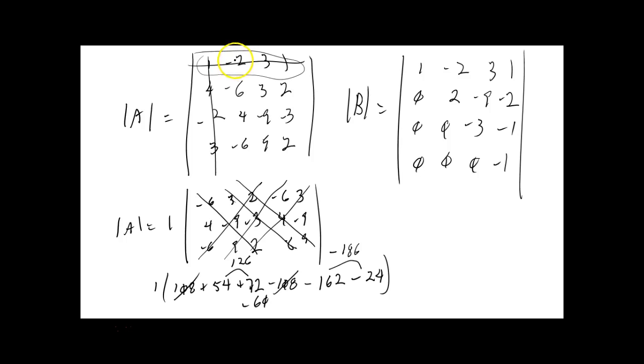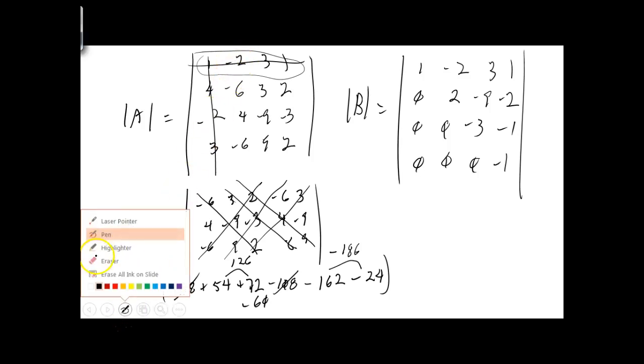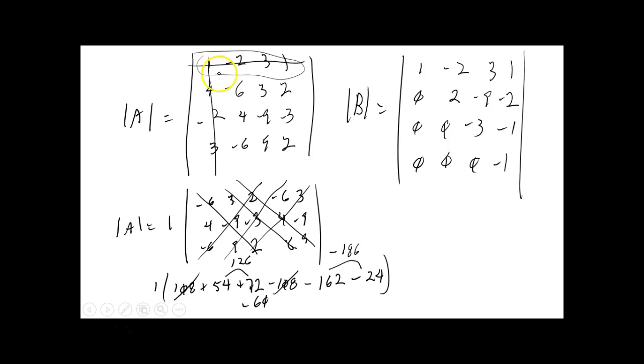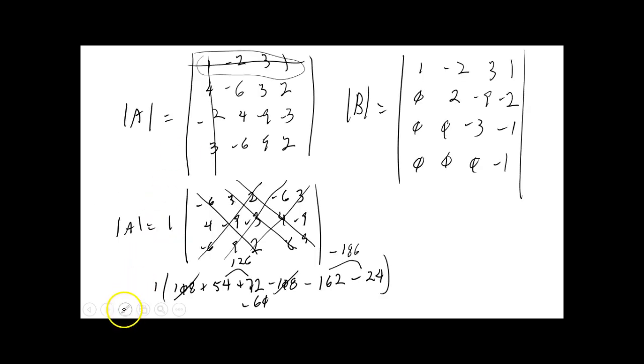Then you do the second entry here. So you're going to wipe out the first row, second column, and do the same thing again.